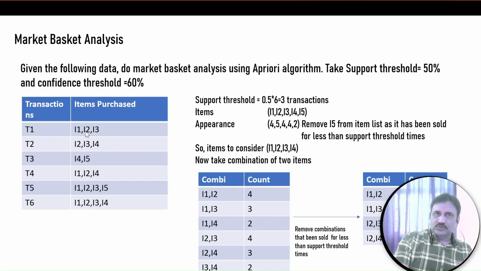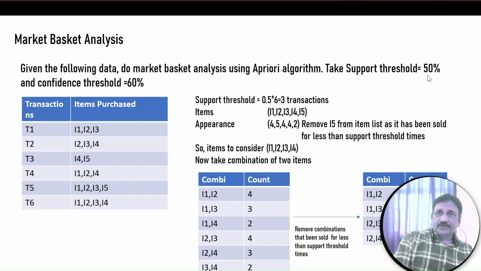Likewise, support for I2 is the number of times I2 appears in the 6 transactions. I2 appears in the first 4 transactions, and the 5th and 6th. Support for I2 is 5. This way you can find support for I3, I4 and I5. And the support threshold is 50%.